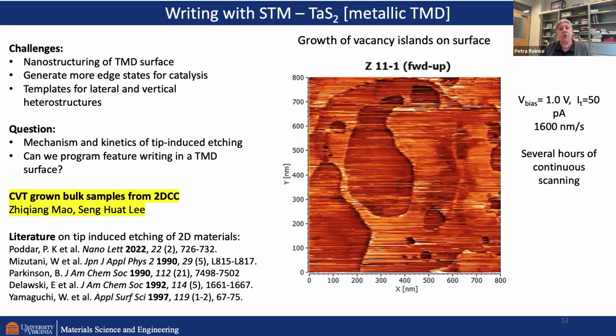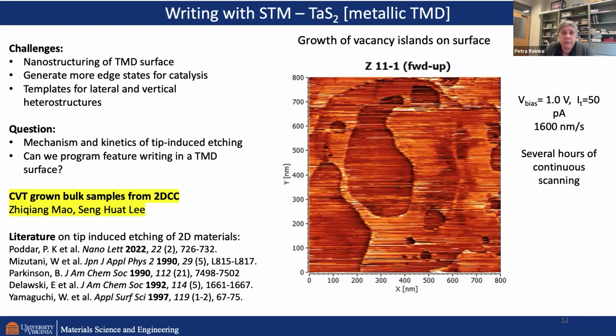So let me go to another example, and that's the question: what happens if your tip damages your TMD? This is not generally an issue with these very commonly used semiconducting TMDs, the tungsten and the molybdenum chalcogenides, but it pops up in the literature on a semi-regular basis.